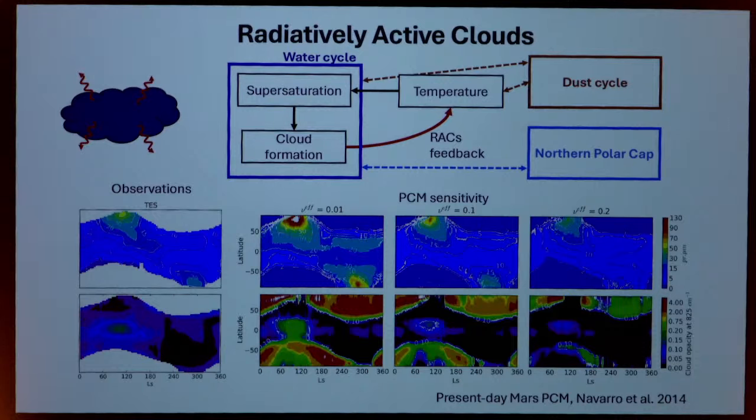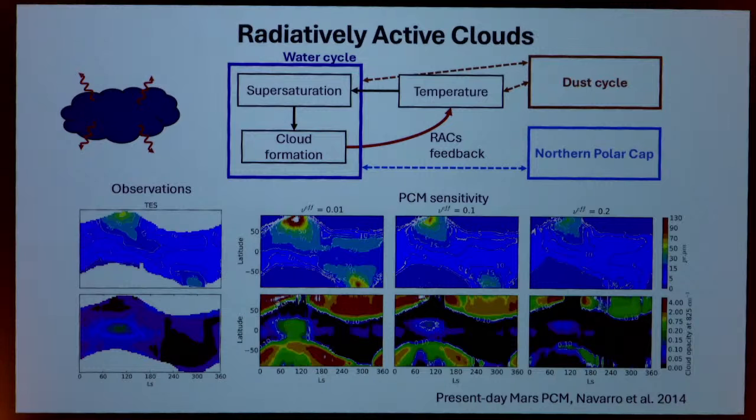And specifically, you see that in this region, which corresponds to the northern sublimation season, L sub S 90, the entirety of the global water cycle is linked to the sublimation during this season, which is in turn coupled with the radiatively active clouds over the northern polar cap.